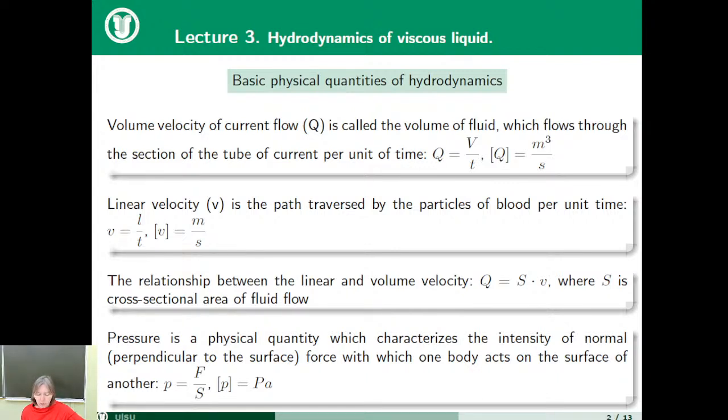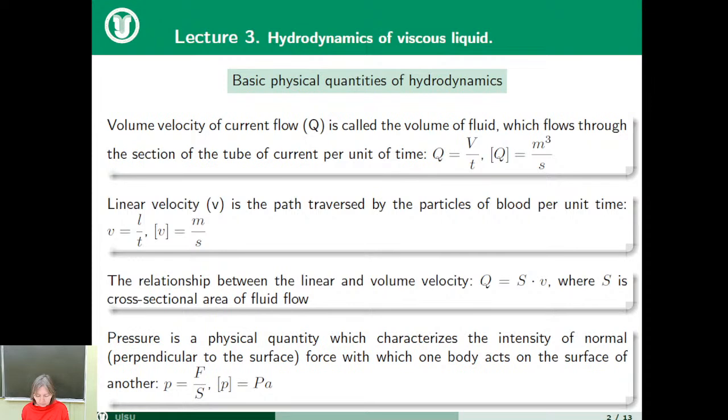Volume velocity of current flow, Q, is equal to the volume of fluid which flows through the section of the tube of current per unit of time. And look at this expression, where Q is equal to the ratio of volume divided by t.